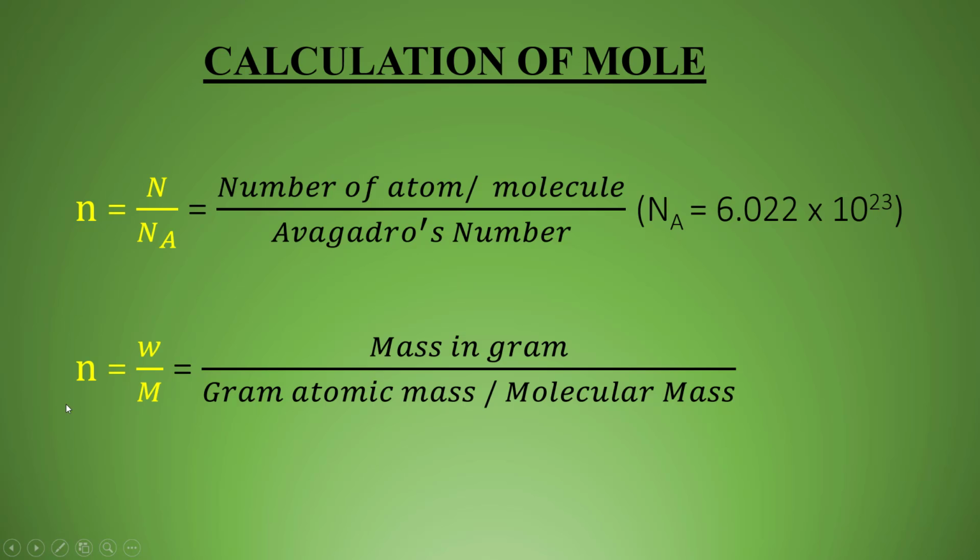Similarly, we have another formula wherein mole is equal to W by M, where W represents mass in gram and M represents gram atomic mass or molecular mass. If you're not very comfortable in calculating mole equations or mole numericals, you can refer to my previous videos.